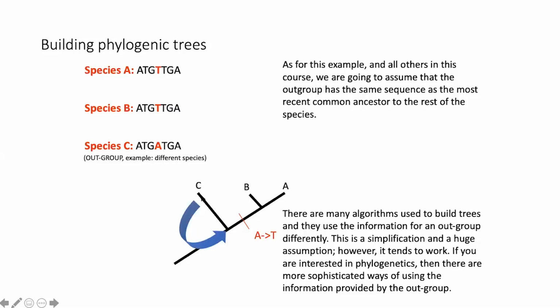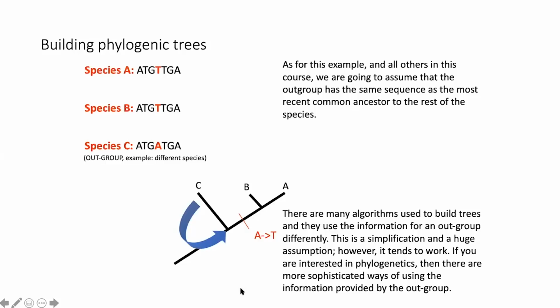Then this sequence is the ancestor at this node, and all the evolution is happening out here on the tree. In this case, that's obviously the A here, and that's why we have the A to a T change here, rather than putting a T here and then having a T to an A change out here.